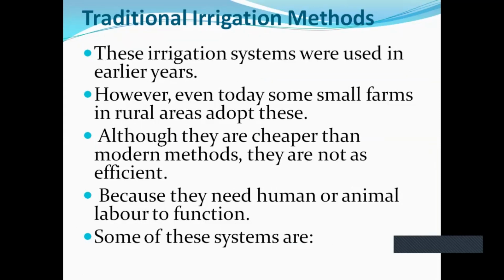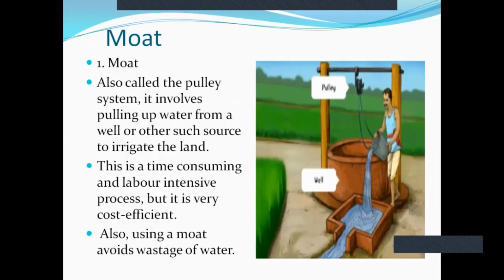Nowadays, modern methods use electric pumps and many other equipment to water the plants. But in olden days, humans as well as animals were used to irrigate the land. Let's see some of the systems used in traditional irrigation methods. The first one is called moat.